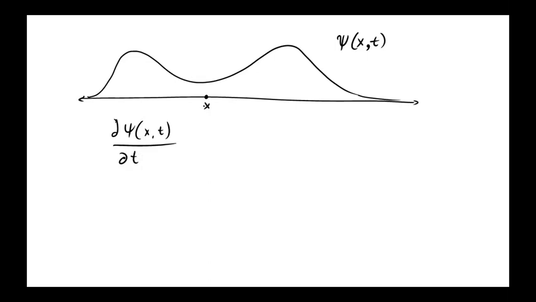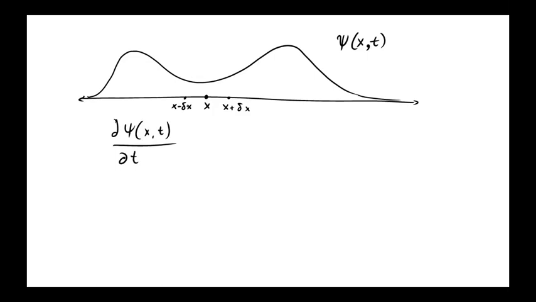So if this was the point x, this is the time t, that's what the superposition looks like. And now what this point x does is it looks in its neighborhood, at x plus delta x and at x minus delta x.